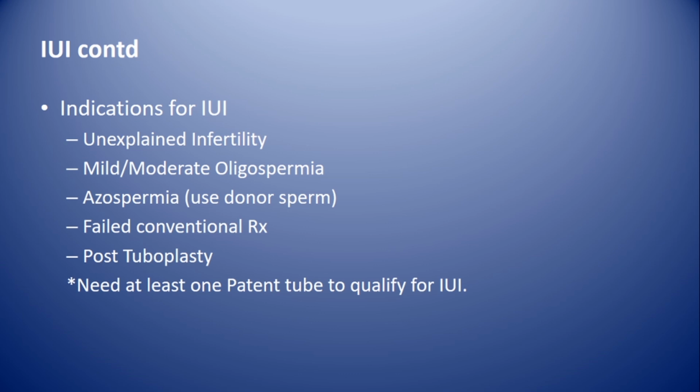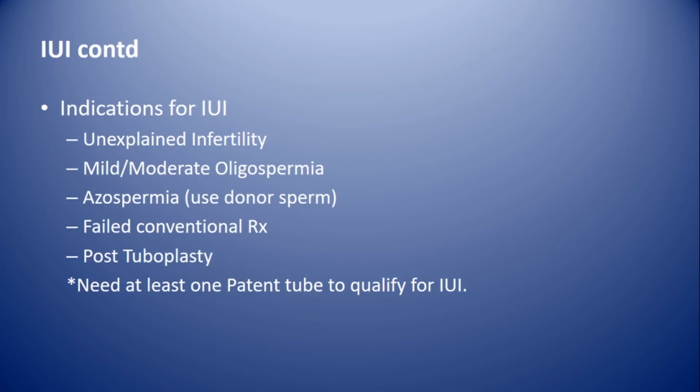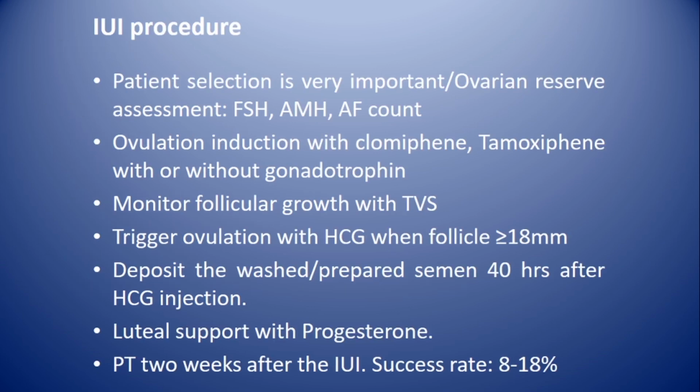Then when you have tried ovulation induction in people that have unexplained infertility and you are not successful, you can move on to intrauterine insemination. Then following tubal repair, post-tuboplasty, one can try IUI. But like I said before, you need at least one patent fallopian tube to qualify for IUI.